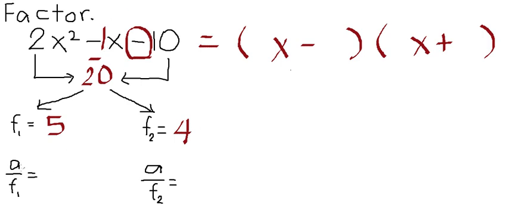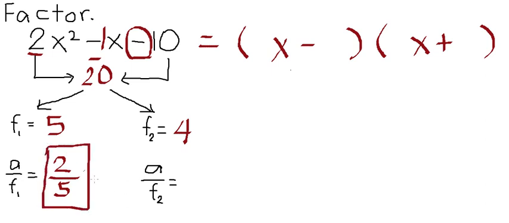Next step is A over f sub 1 and A over f sub 2. Our A is 2. So substitute 2 over f sub 1 is 5. Hindi na malulowest term. So this is the final fraction. A over f sub 2 naman is 2 over f sub 2 is 4.